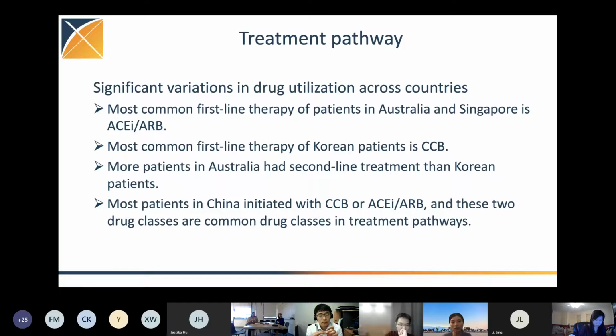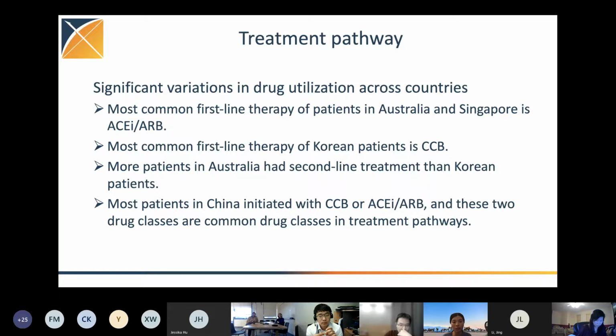So just to summarize this, you can see by just looking at the color, the shape of the graph, there is a significant variation in drug utilization across country. The most common first-line therapy in patients in Australia and Singapore is ACE and ARBs. But when you look at Korean patients, the most common first-line therapy is calcium channel blocker.